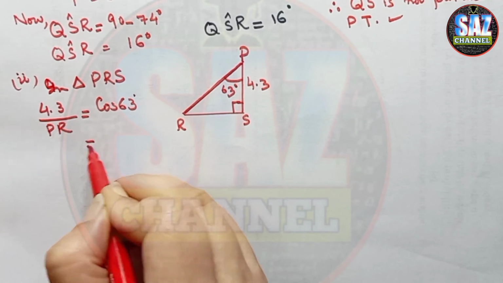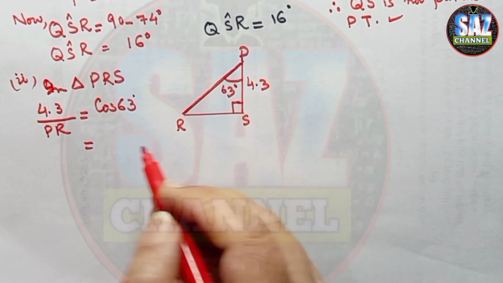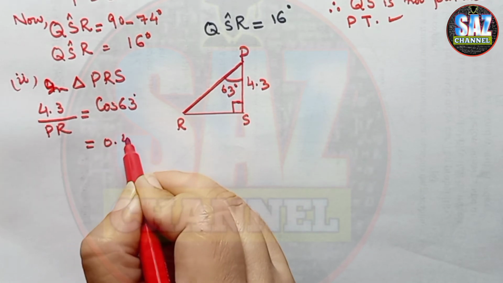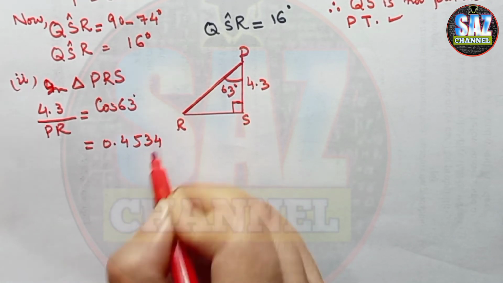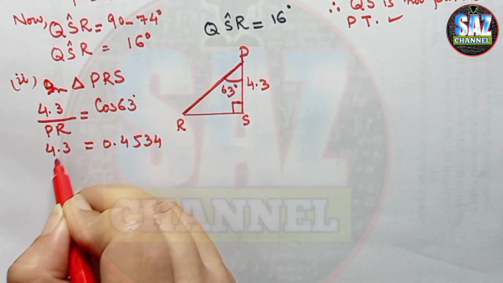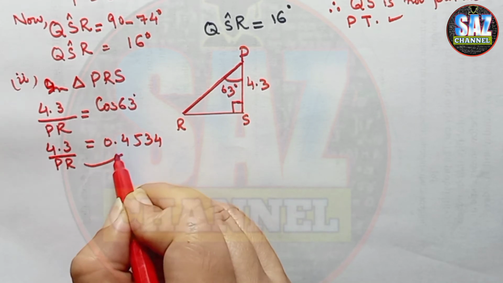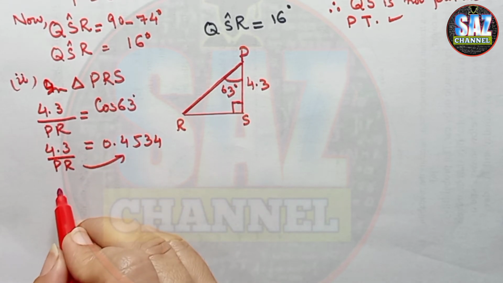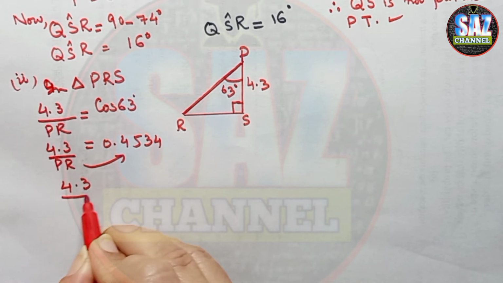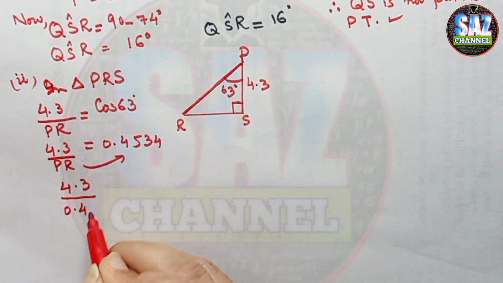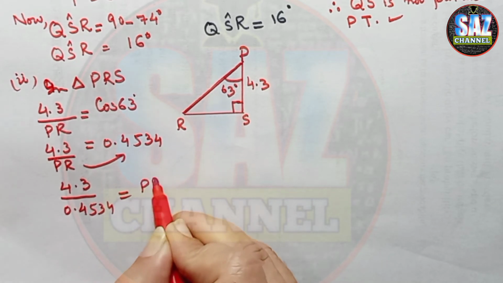And cos 63 degrees, I have to check the value with calculator. That is 0.4539, and this will give me 0.4539 into PR equals 4.3. Shift PR to the other side and 0.4539 to the other side, and the equation will take the form 4.3 upon 0.4539 equals PR.